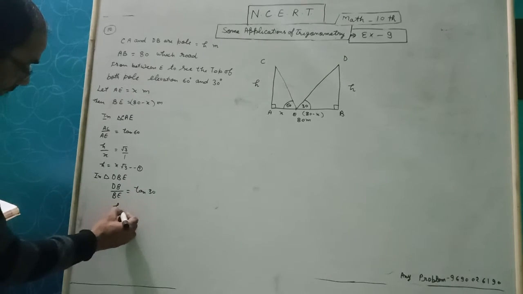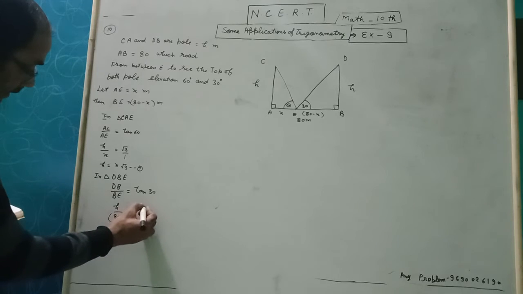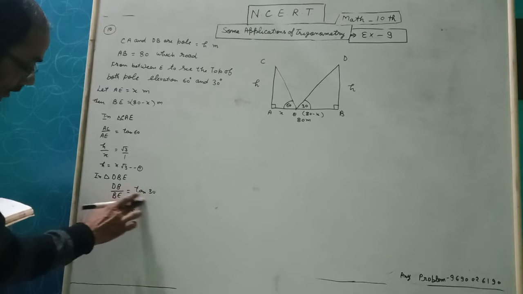DB value h, BE is 80 minus x, is equal to 1 upon under root 3.